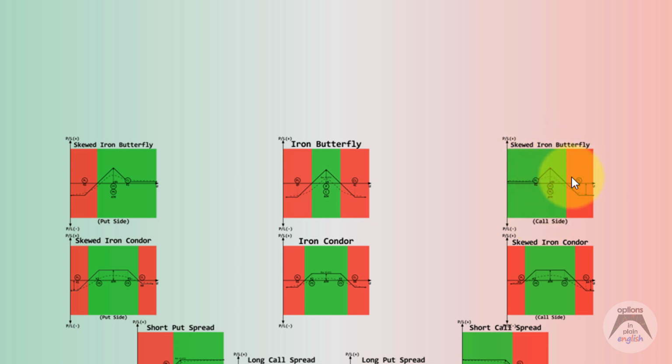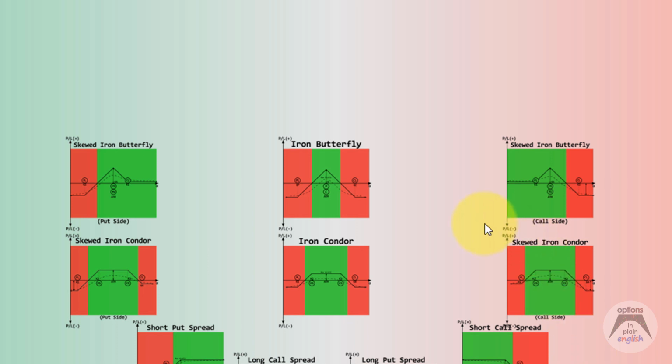We would take the wing on the call side and push it higher in strike price, so that now we have more risk on the upside, and we can get to a point where the credit collected is higher than the actual distance between the shorts and the long put. At that point, this strategy would have no risk to the downside.